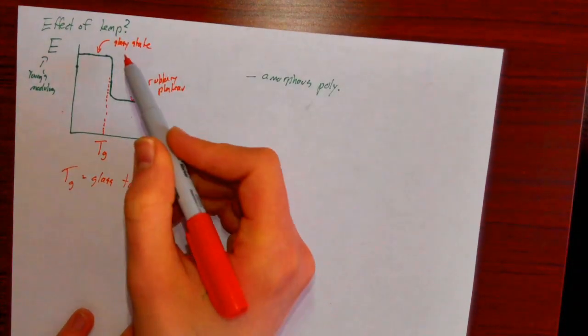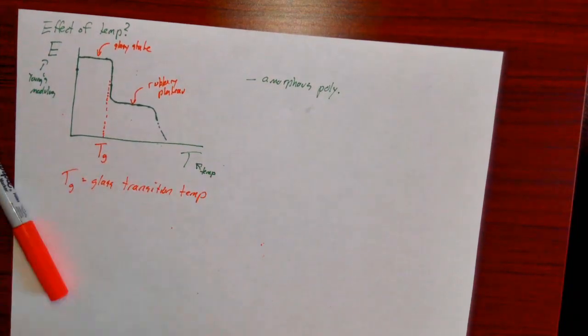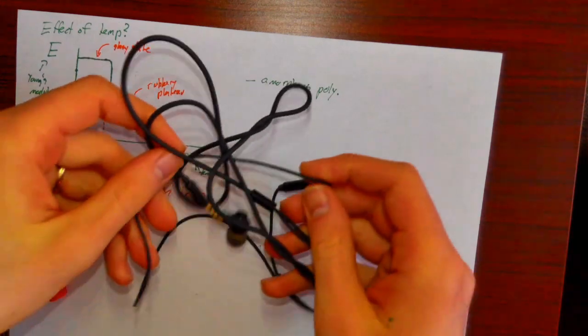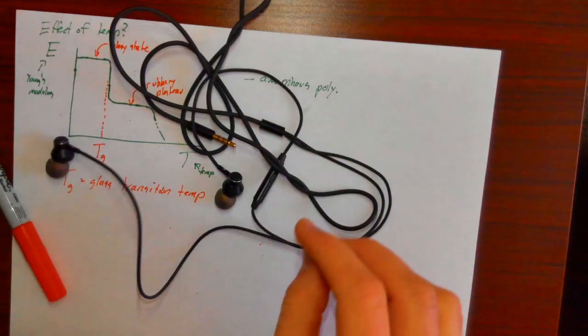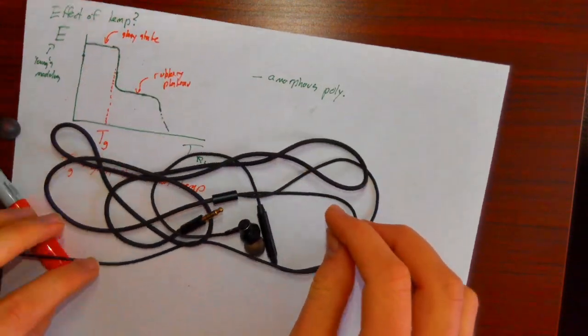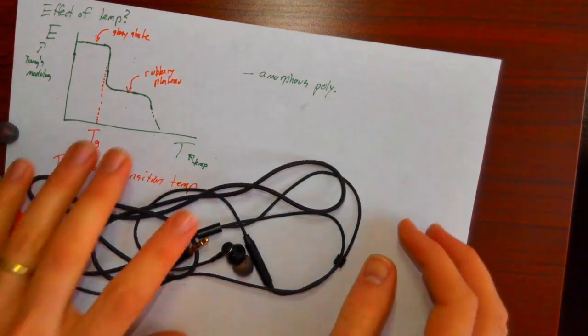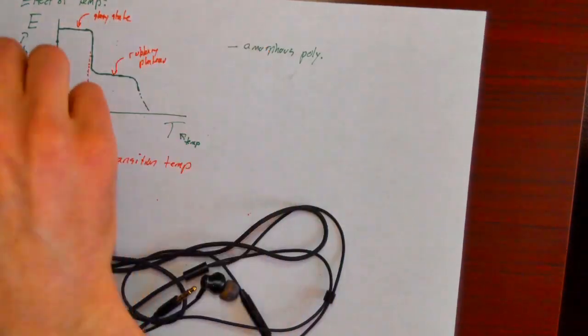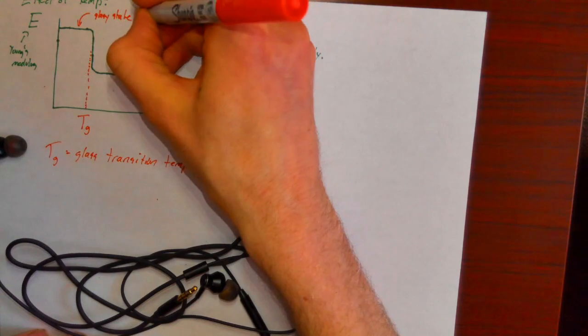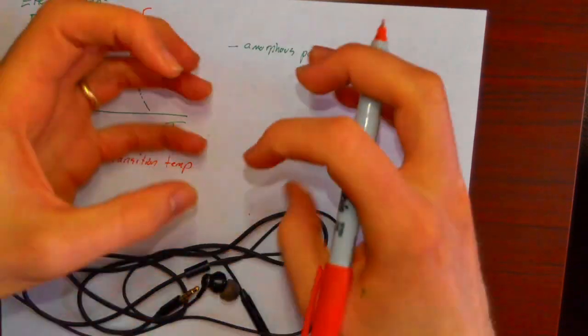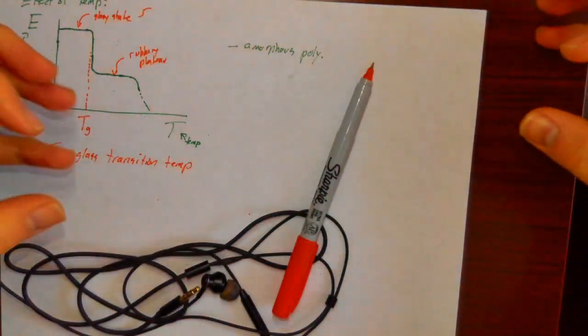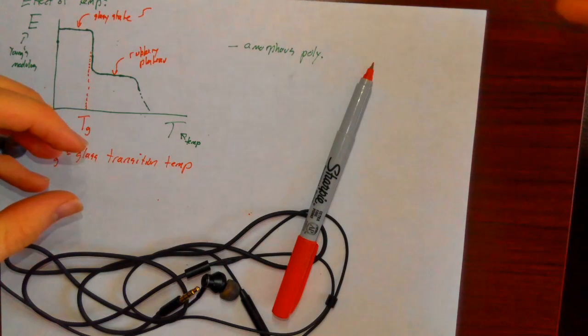If a polymer is in the glassy state, let's look at this amorphous polymer right here. Let's imagine that instead of my headphones, these are polymer chains. When something is in the glassy state, carbon-carbon bonds lack sufficient thermal energy to rotate. If you remember, these polymers are typically made of a carbon-carbon backbone.